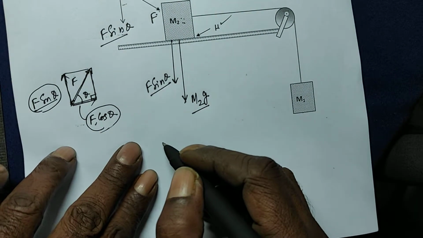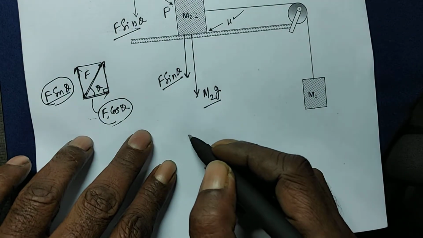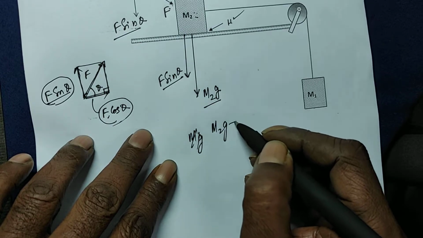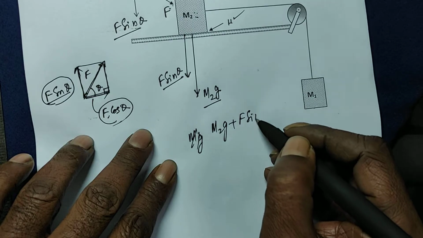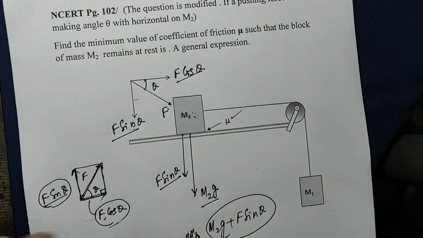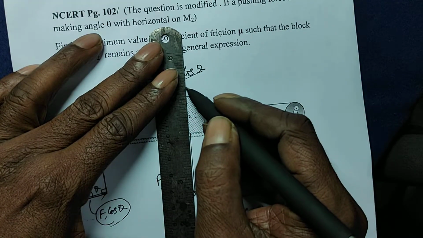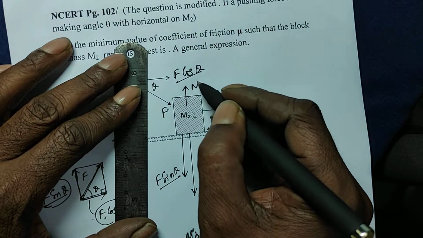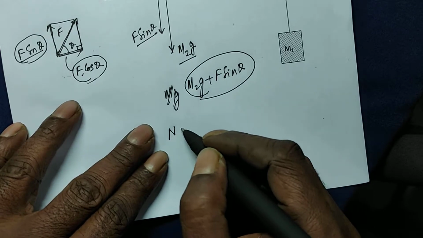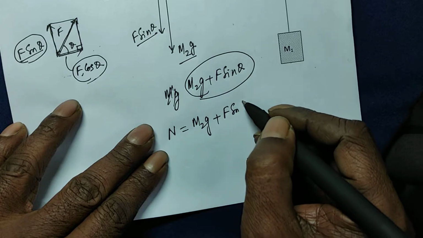So the net action force on this rough surface is equal to m2g plus F sin theta, net action force. So your normal reaction N will be equal to m2g plus F sin theta.